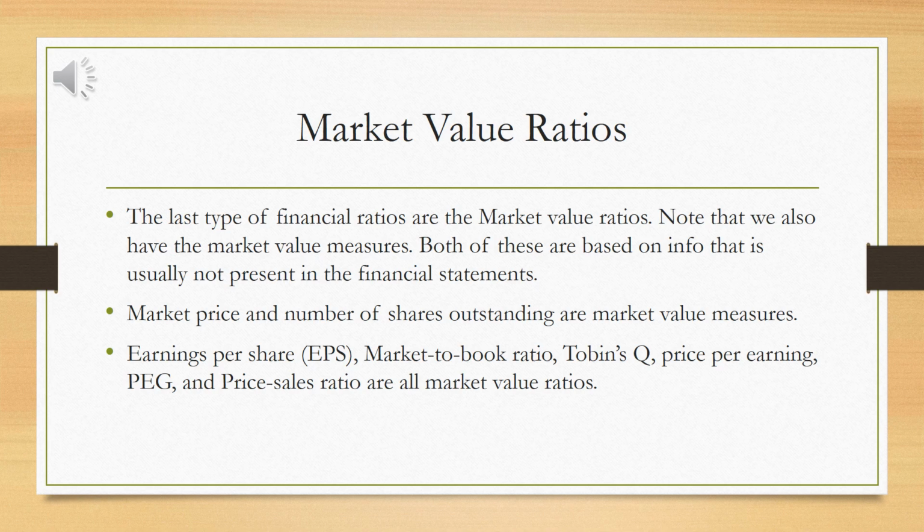Note that we also have the market value measures. Both of these are based on info that's usually not present in the financial statements. Market price and number of shares outstanding are market value measures. Earnings per share, market to book ratio, Tobin's Q, price per earning, price earning growth, and price sales ratio are all market value ratios.